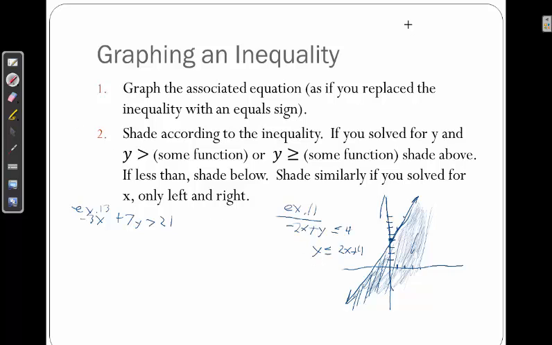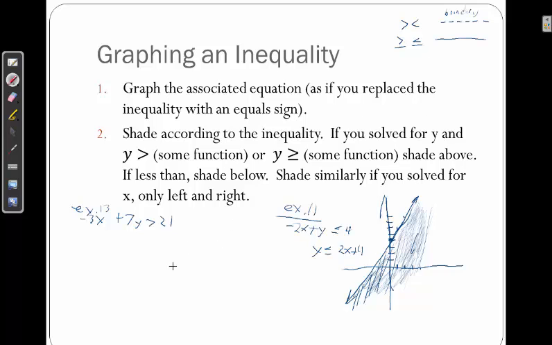For greater than, less than, you want your boundary to be a dashed line to indicate there are no actual solutions on the boundary. Whereas if you're doing greater than or equal, less than or equal, you want a solid line to indicate everything on the boundary, as in here, is a solution.